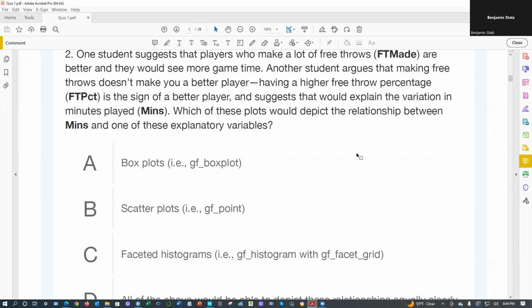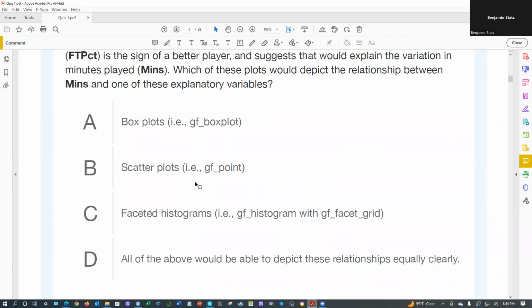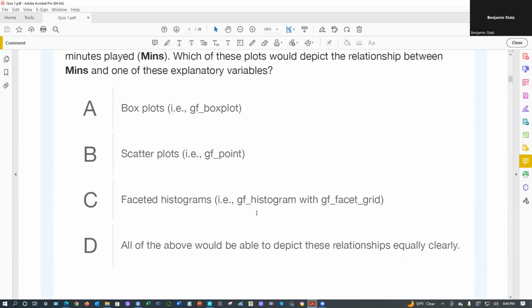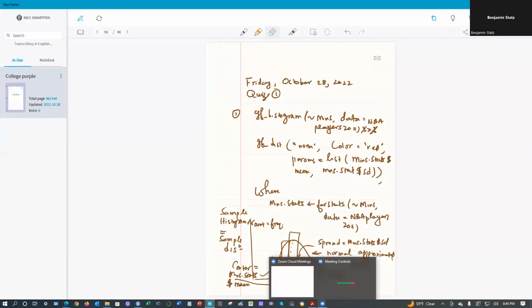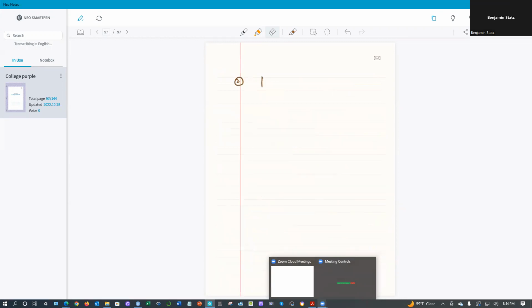The options are box plot, it is GF box plot, scatter plot, it is GF point, faceted histogram, all of the above. You know that minutes, FT made, and FT percentage are both quantitative. Quantitative versus quantitative. Minutes would be my primary variable, so you put minutes here.